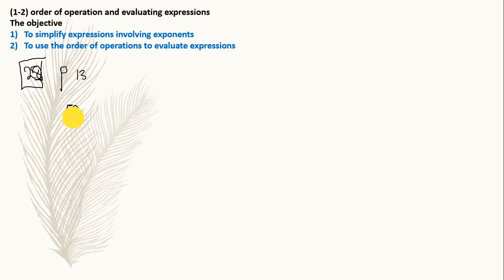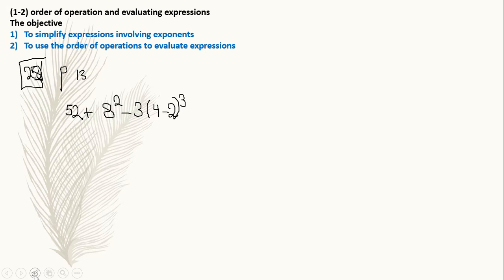Exercise 22 said 52 plus 8 to the power 2 minus 3 times 4 minus 2, all this to the power 3.